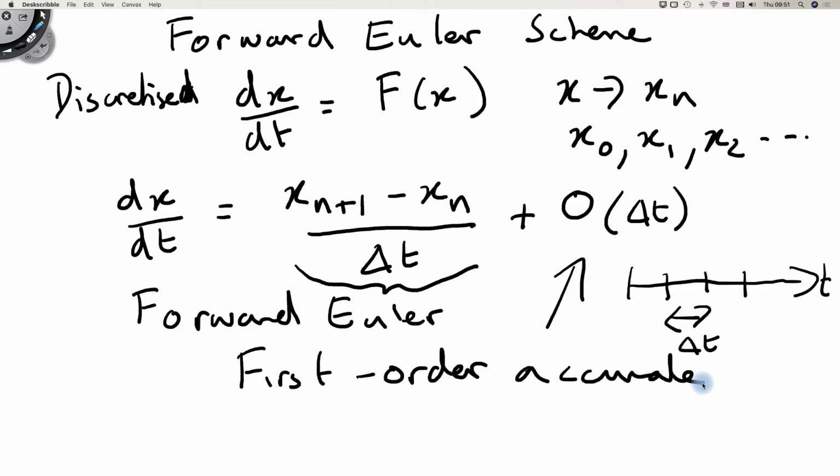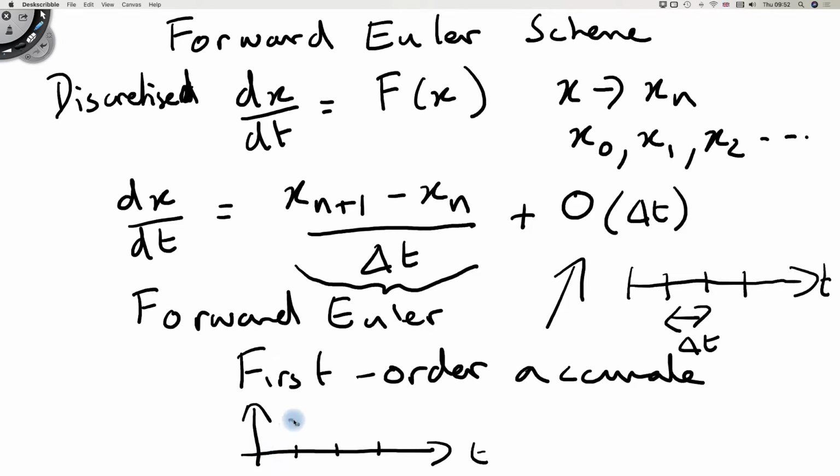Whilst we're here, just pick up on the notation. So x is at a certain value of n. We've got our x variable at t, and we're sampling it or trying to evaluate it at different points on the t-axis.